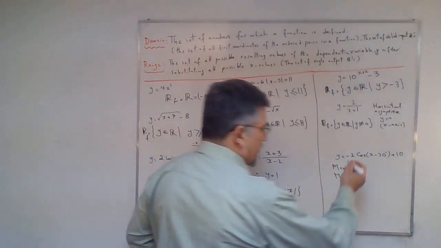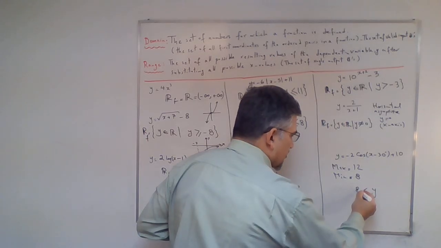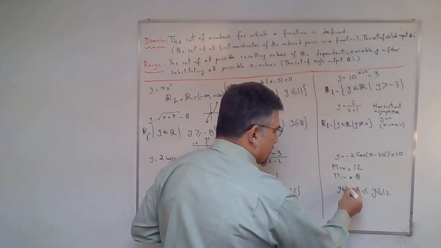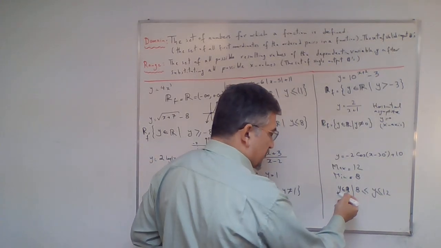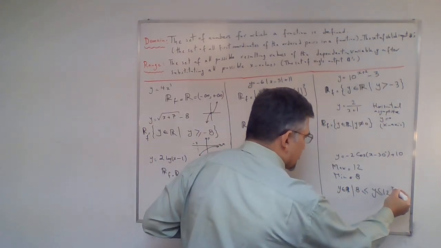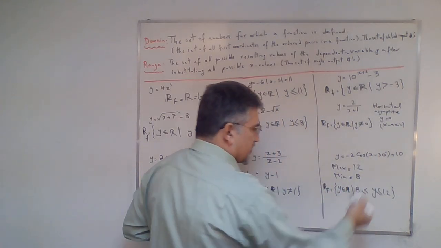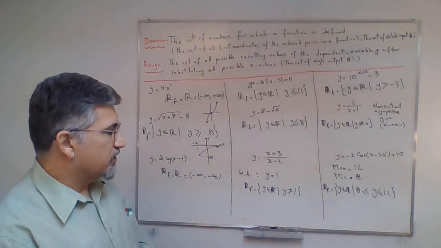So the whole graph is actually fluctuating between 8 and 12. So we're going to say any real number that is between 8 and 12 inclusive, I'm not saying exclusive, inclusive, that would be the range of this cosine function, which has undergone some transformations.